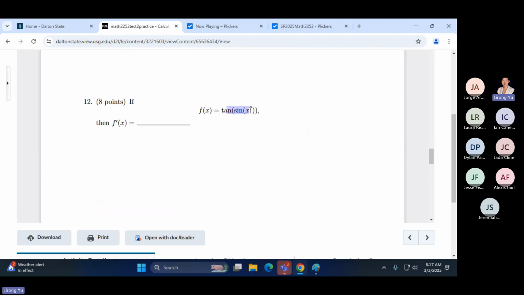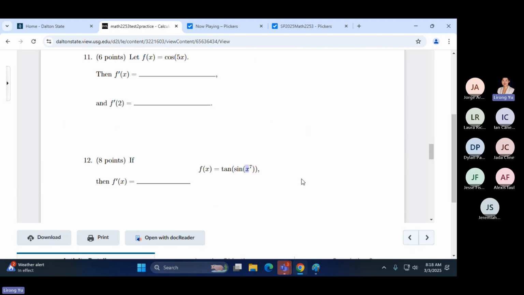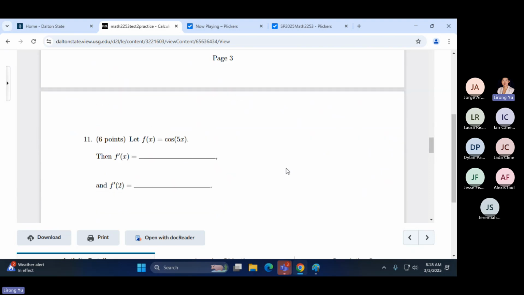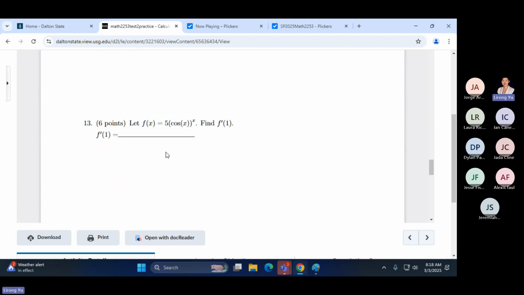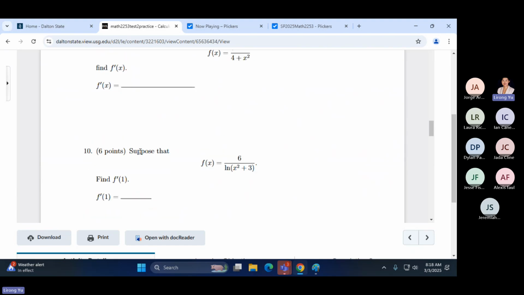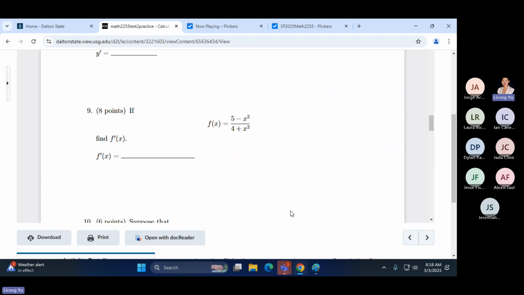Now, this is chain rule. You see, we have a function inside a function inside a function, so there are 3 layers of the chain rule. That was also chain rule, and that's probably from section 5. So section 6, section 5. This is the division, so that's section 2.4.